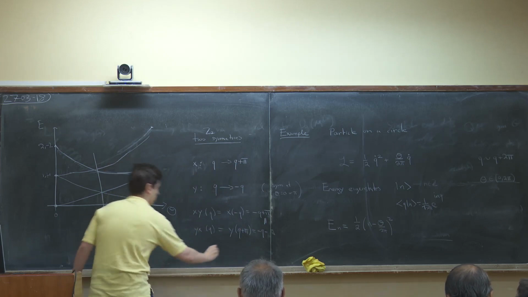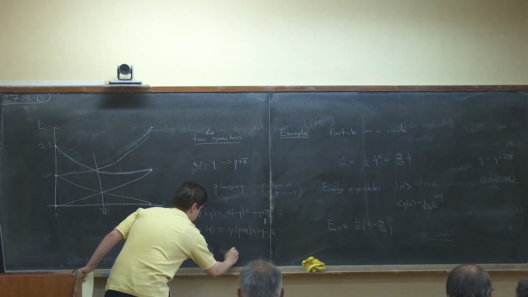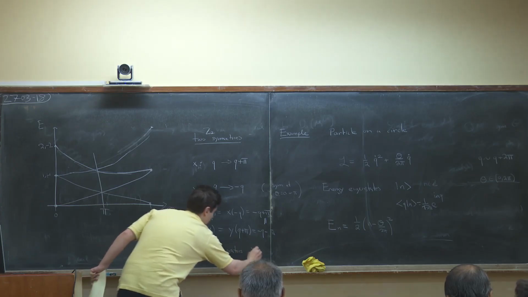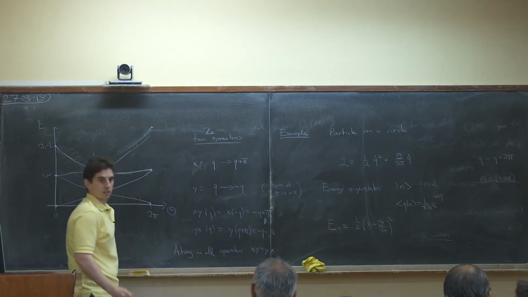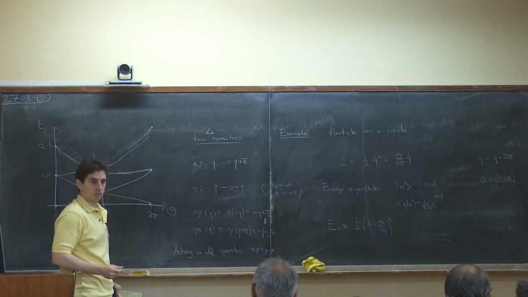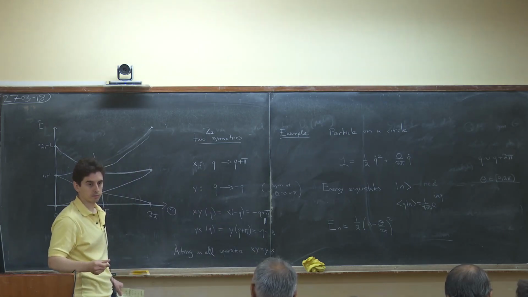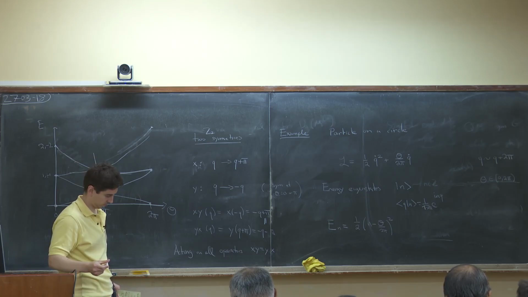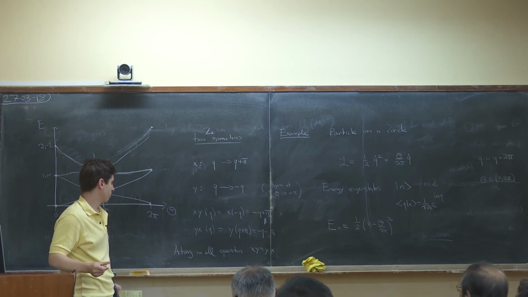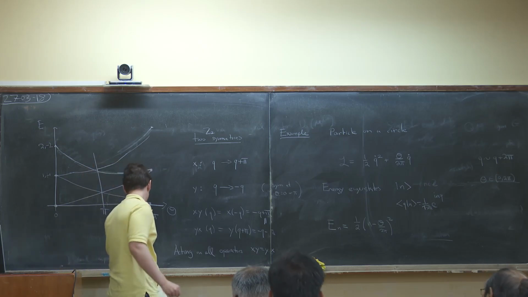So acting on all operators, XY equals YX. But considering the subgroup of the symmetry is slightly tricky, right? Because sometimes you may end up concluding that it's a projective representation, but if you consider the full set of symmetries, it may not be. Why is it okay to consider the subgroups? Is that really right what you said?